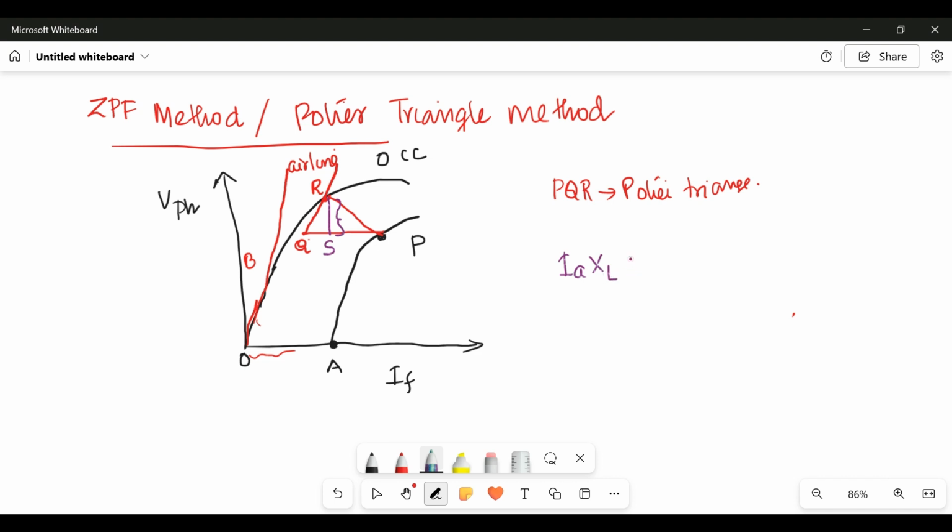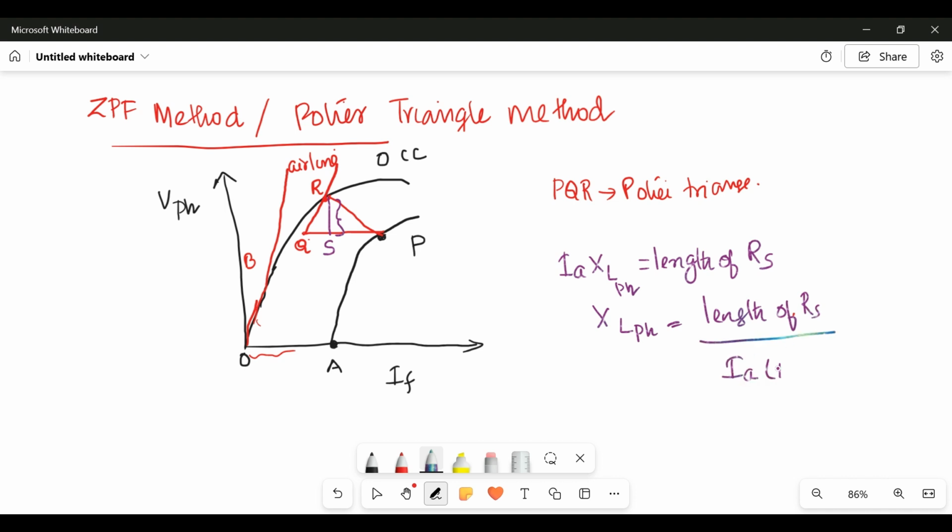This IA into XL is the length of RS. So XL per phase value can be found out by the length of RS divided by IA, that is the full load current. This is how from the Potier triangle we can find out the armature leakage reactance.